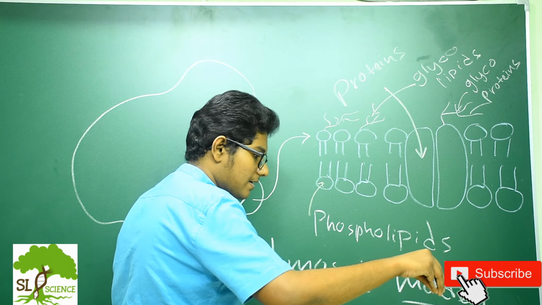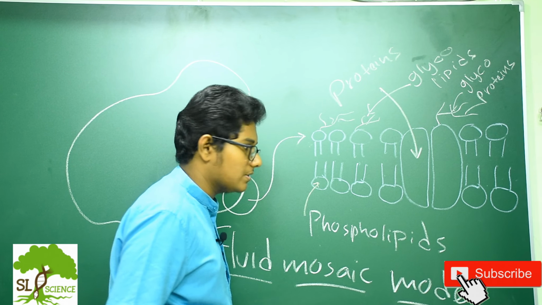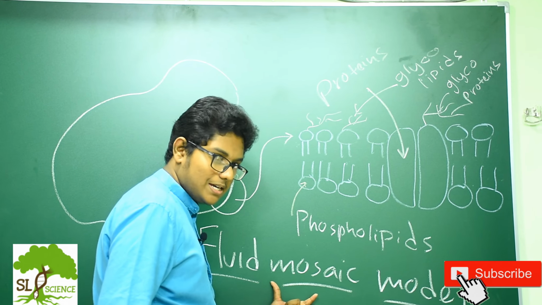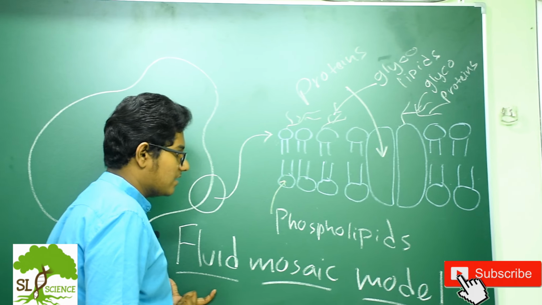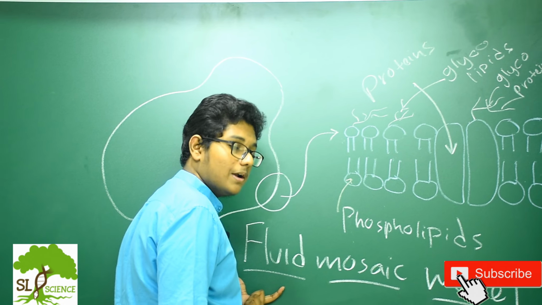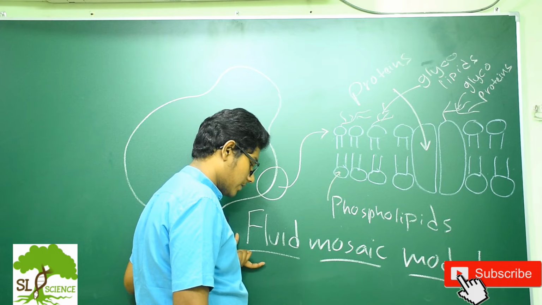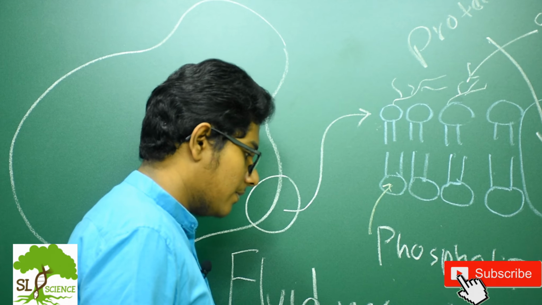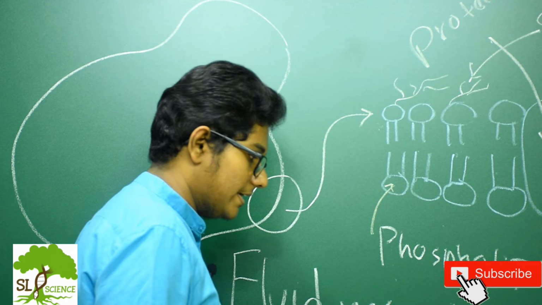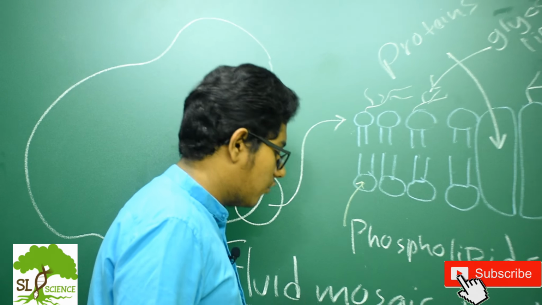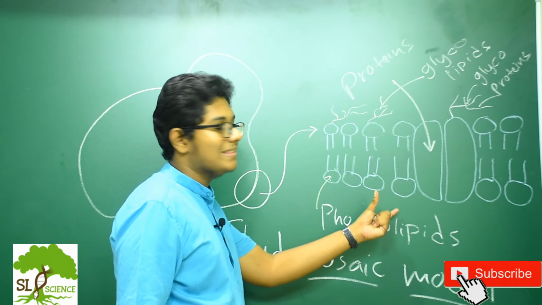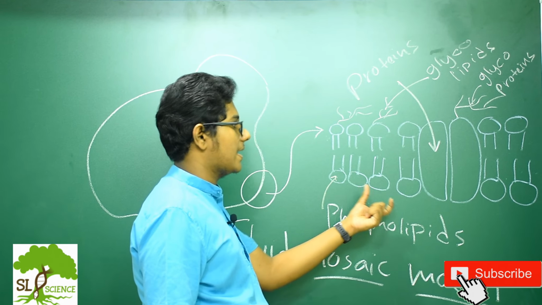Because of the fluid-like phospholipids we call it fluid, and because of the proteins we call it mosaic: the fluid mosaic model of the cell membrane.